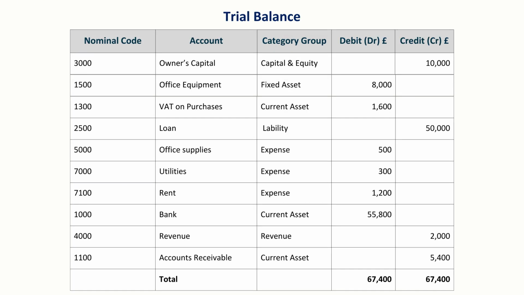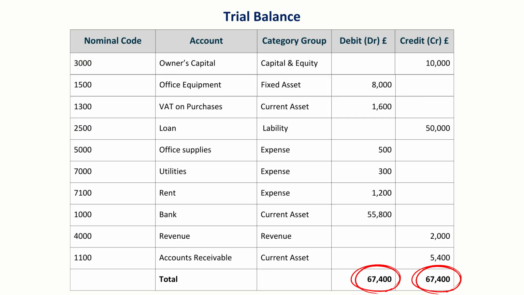Now that we've balanced the accounts, we can take the closing balances and record them in a trial balance. The trial balance shows all the account balances at a point in time, in this case after we've balanced the bank account. Each account appears once, with its closing balance shown on either the debit or credit side, depending on the account type. The total of the debit column should always equal the total of the credit column.